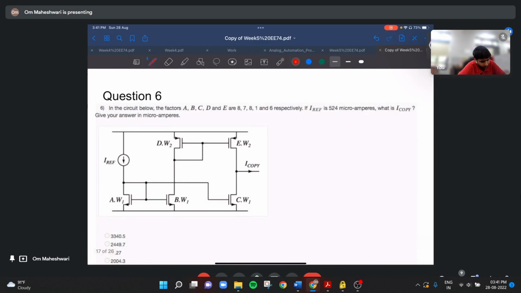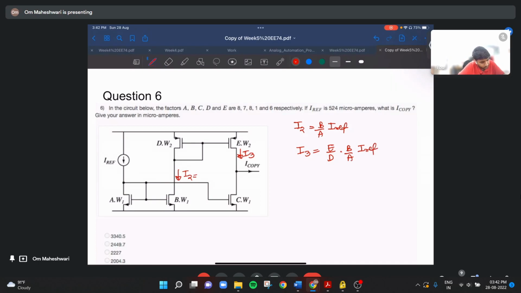So here similarly we can find I2 will be the same, right? Let me write here, B by A times IRef, and this current, let me call it I3. I3 equals E by D times B by A times IRef.